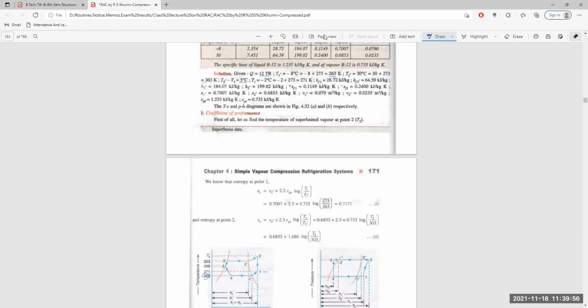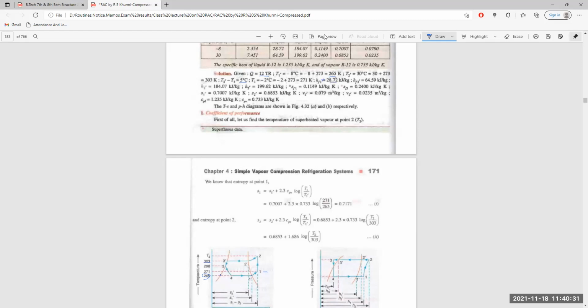HF1 is the enthalpy of the liquid refrigerant at temperature T1, where T1 dash is equal to T4, and here it is 28.72.